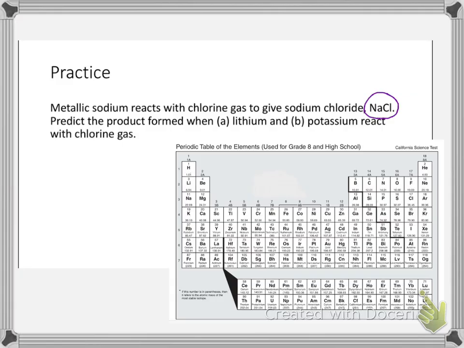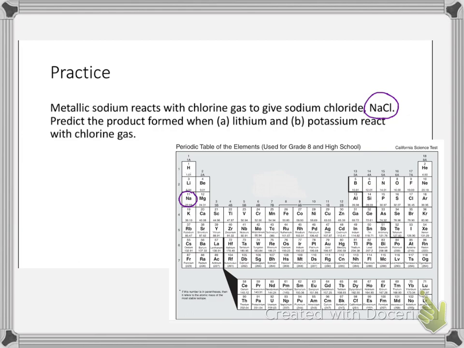Then the question says predict the product formed when lithium and potassium react with chlorine gas. Looking on the periodic table, sodium is an alkali metal, and it is located right here. We know that sodium has a 1-to-1 ratio with chlorine when they react. That was given to us in the problem.